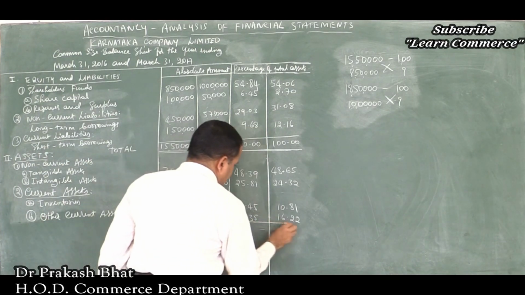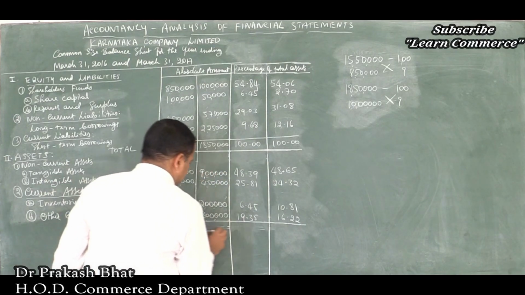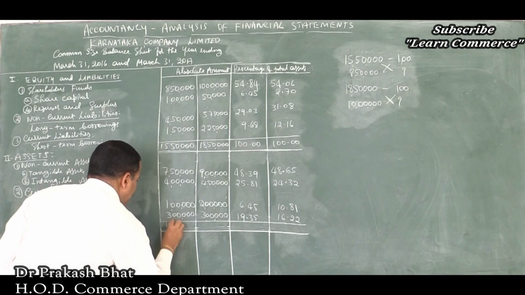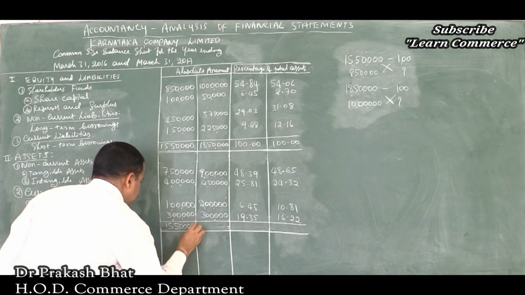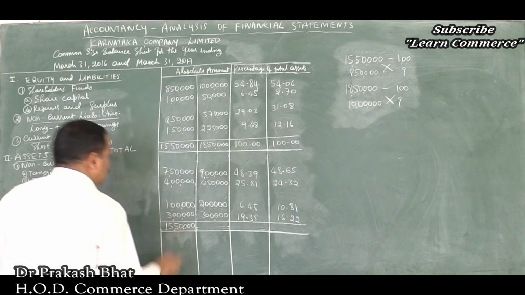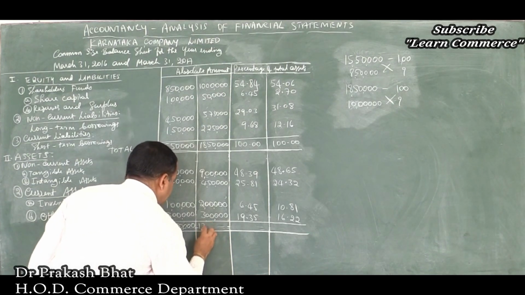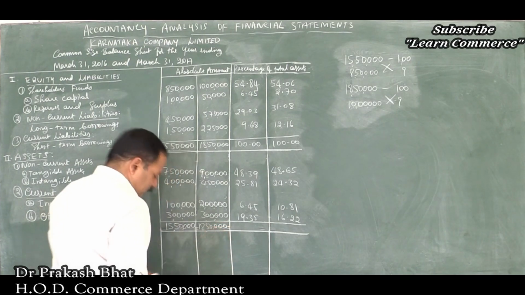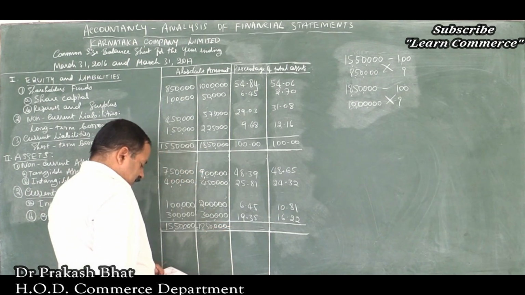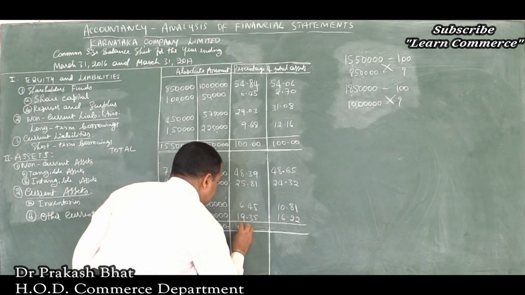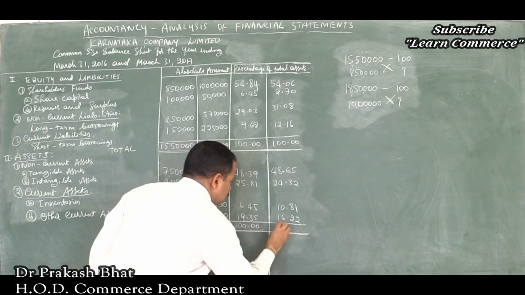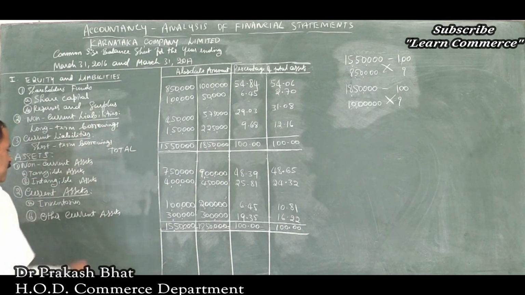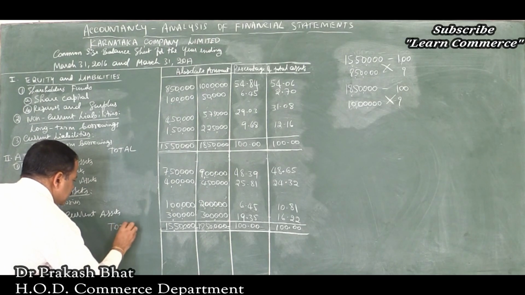That's all. It's done. Same total: you will get 15,50,000 and 18,50,000. Yes, 100 and 100. This is the total of assets.